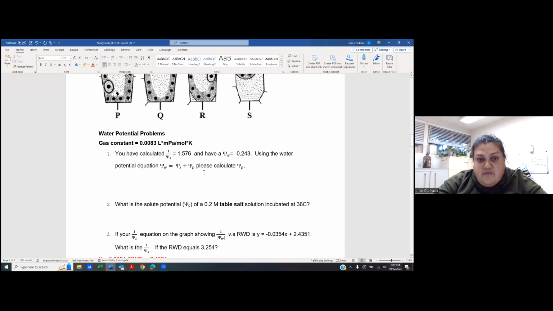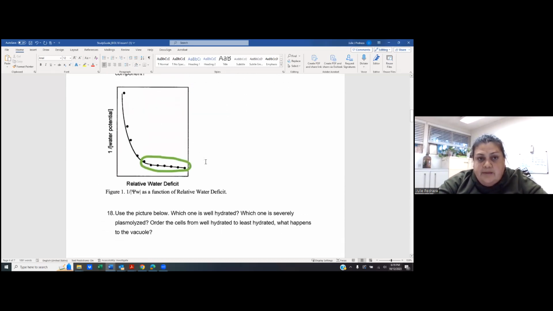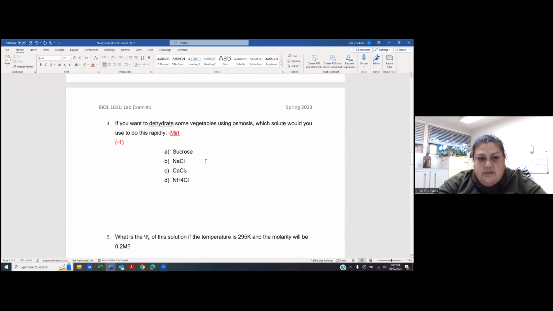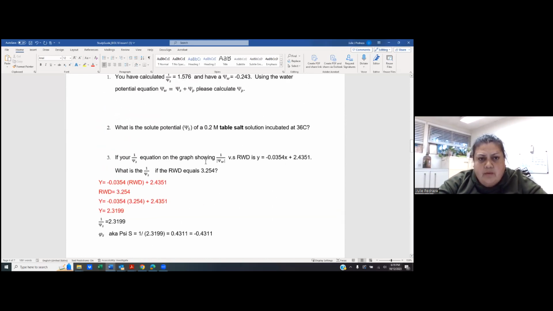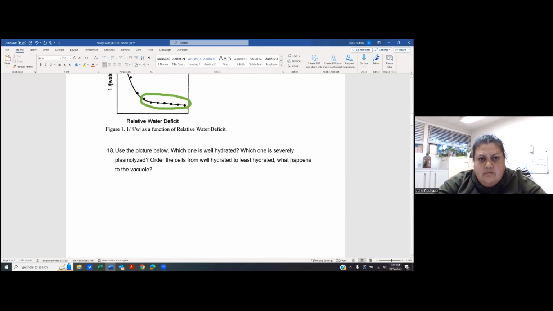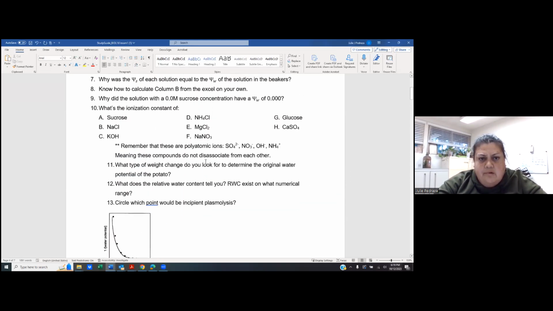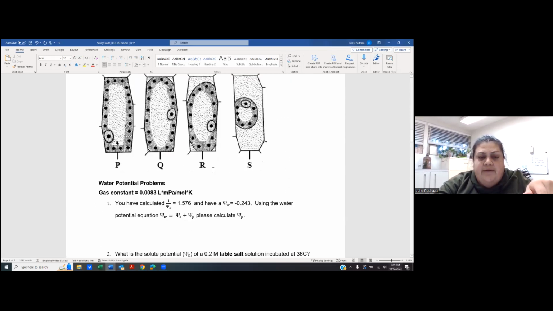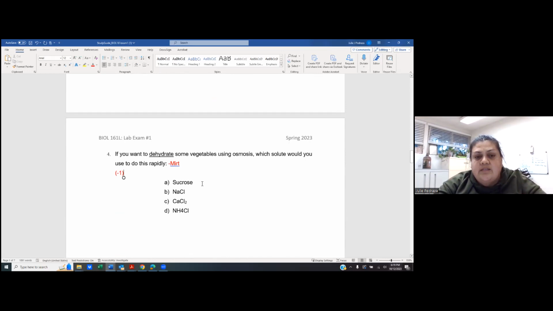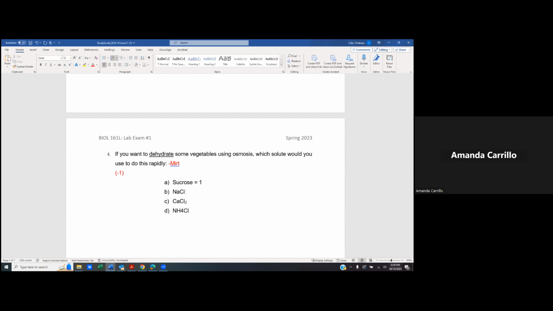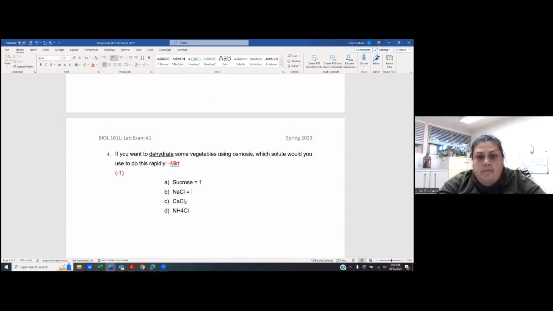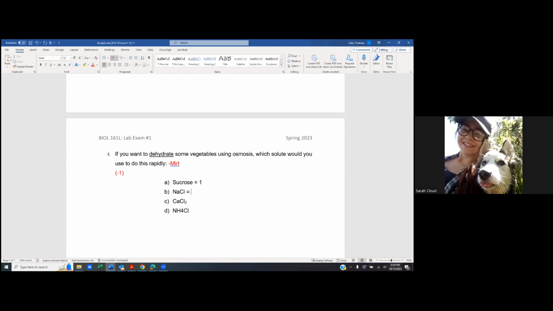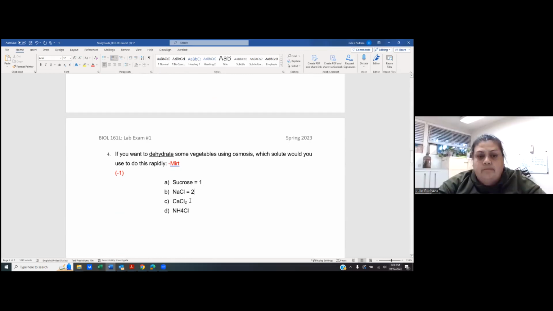We now need to do the same over here for the ionization. So what is the ionization for sucrose? 1. Okay. What about sodium chloride? 2. Calcium chloride? 3.